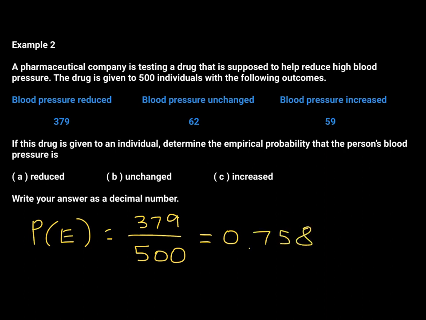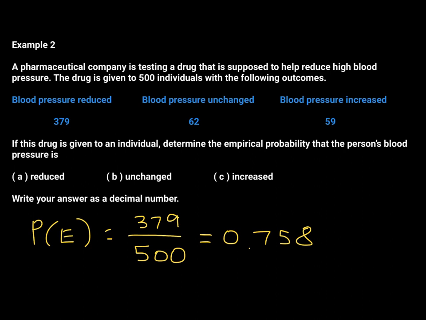You get 0.758. Remember that your probability has to be a number between 0 and 1. If you get something less than 0, meaning negative, or if you get anything greater than 1, something is wrong.